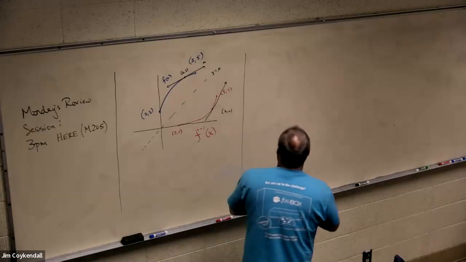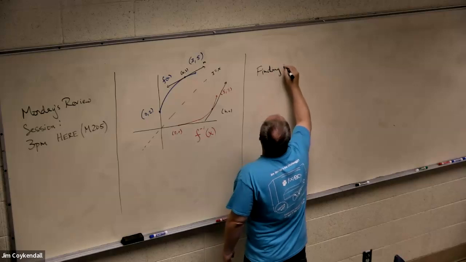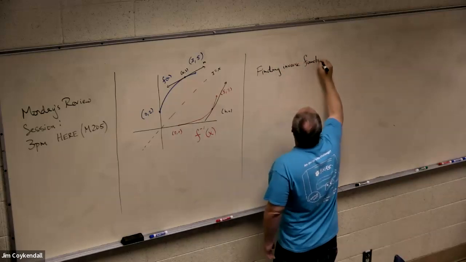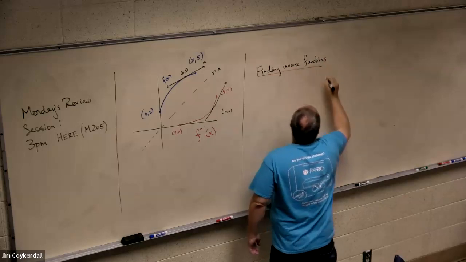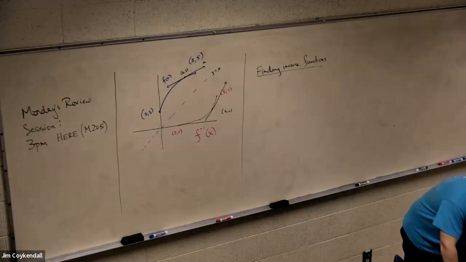So let me start off with this: finding inverse functions. I'm going to give you a procedure for finding inverse functions. This will work if the function is 1-to-1, that is, if it has an inverse function.